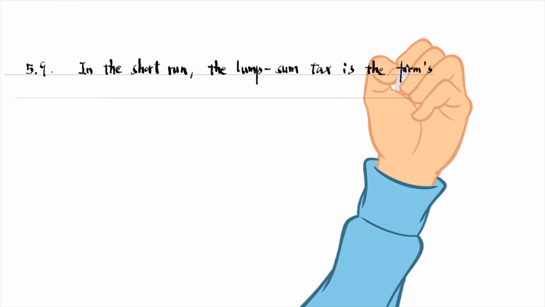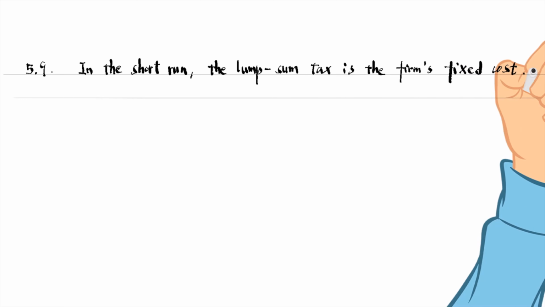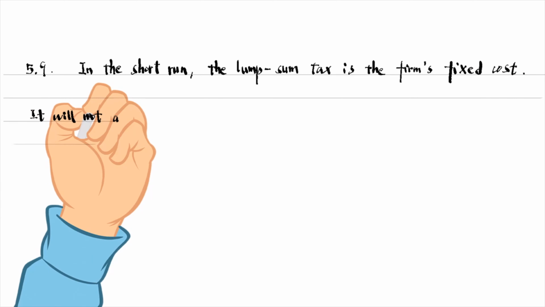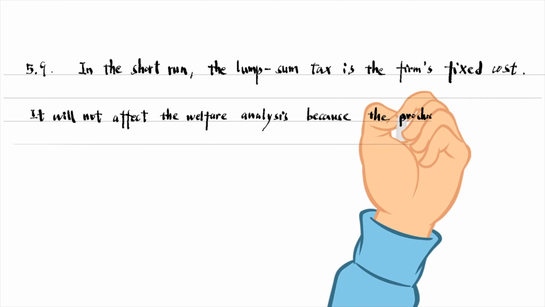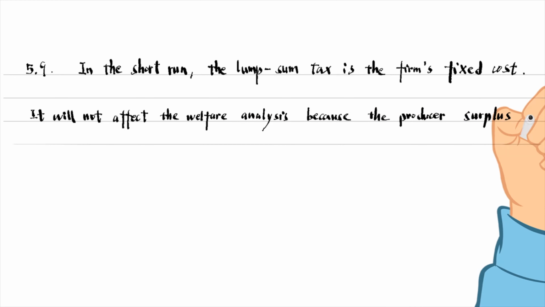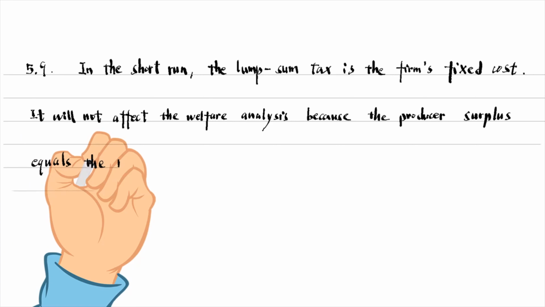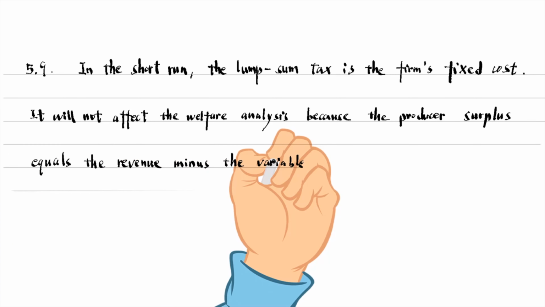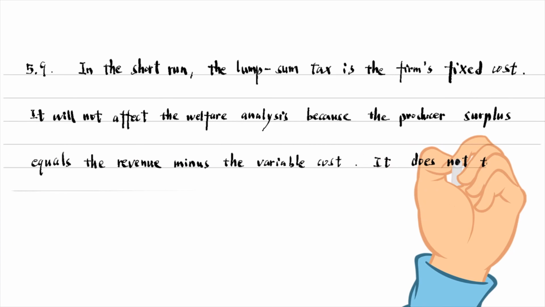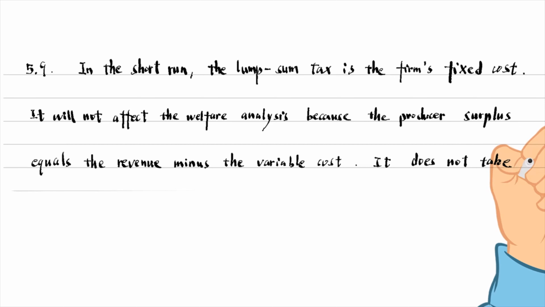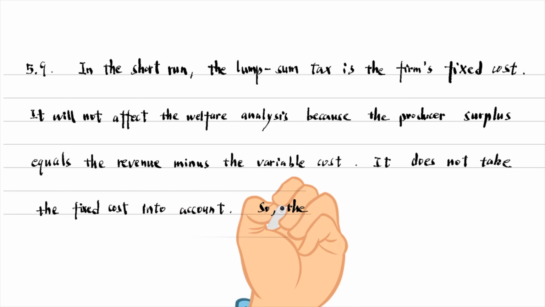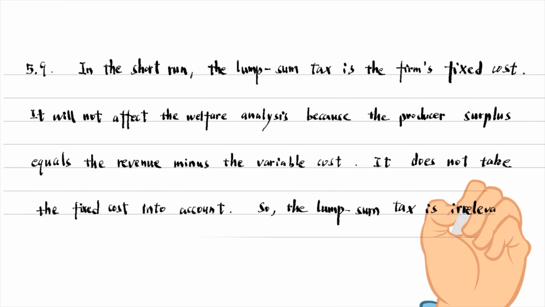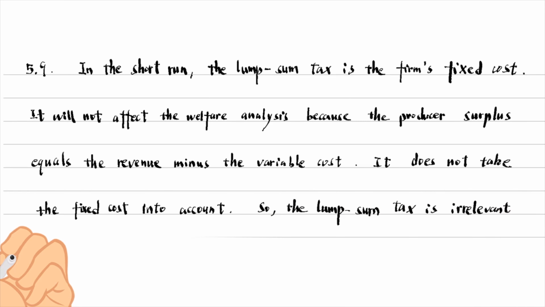It will not affect the welfare analysis because the producer surplus equals the revenue minus the variable cost. It does not take the fixed cost into account. So the lump sum tax is irrelevant to the welfare analysis in the short run.